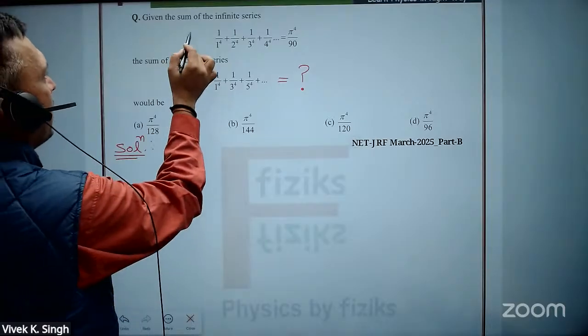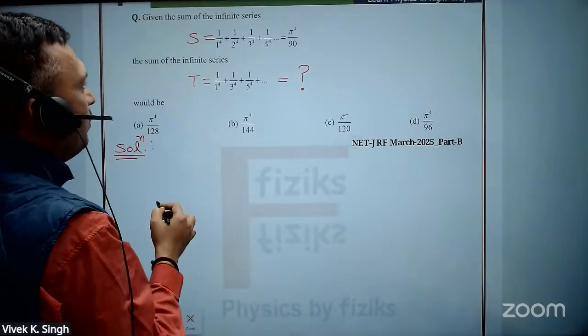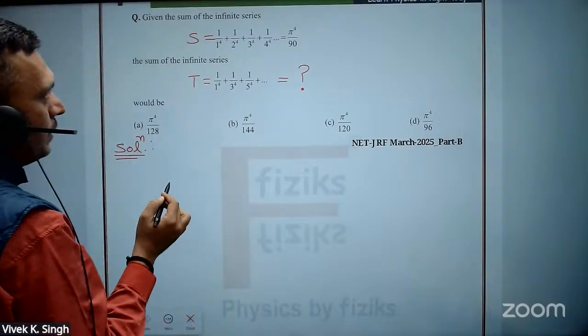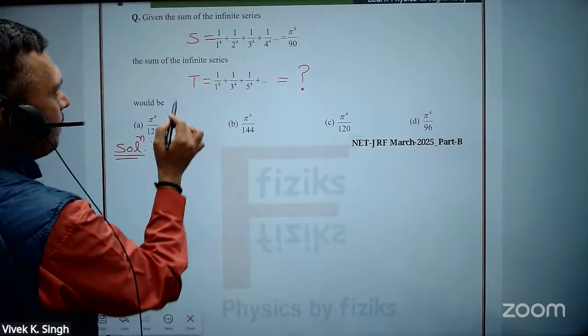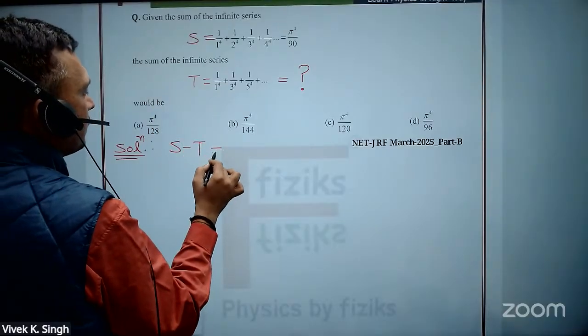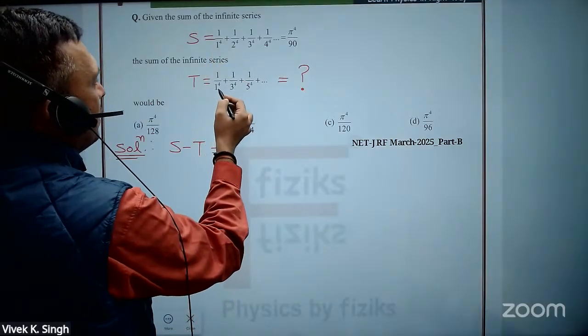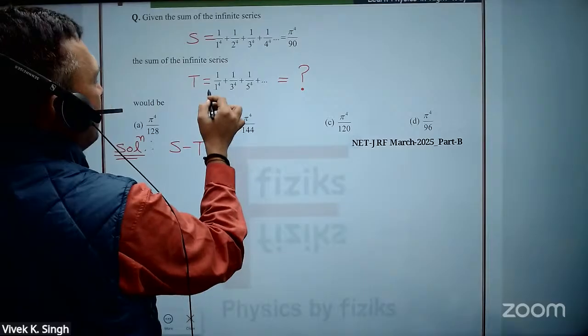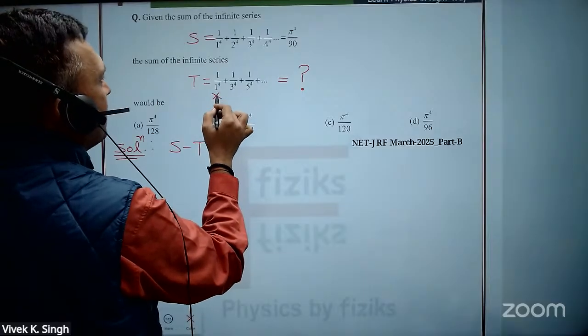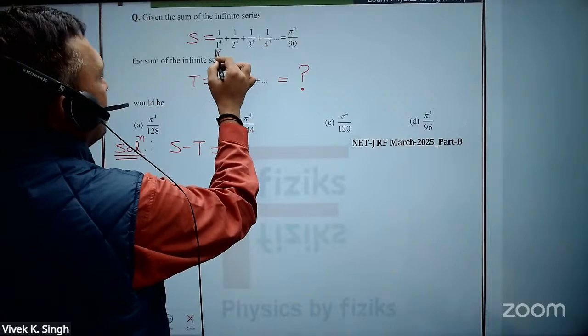Let's say this is S, and this value is T. T we have to find. So we will use a trick here. Let's find S minus T. So what will be S minus T? This first term will cancel out. Then if you take the difference, this term will cancel out, and this term will cancel out.